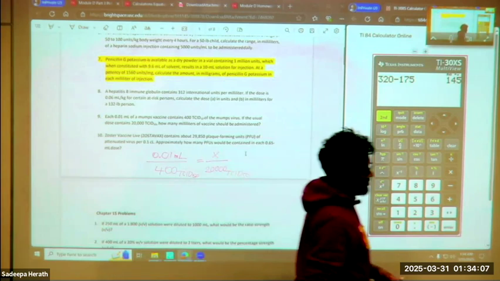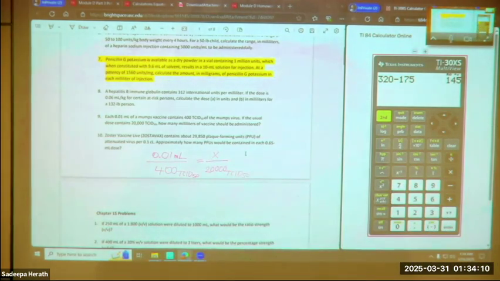All we had to do is isolate and solve for X: 20,000 times 0.01 divided by 400.